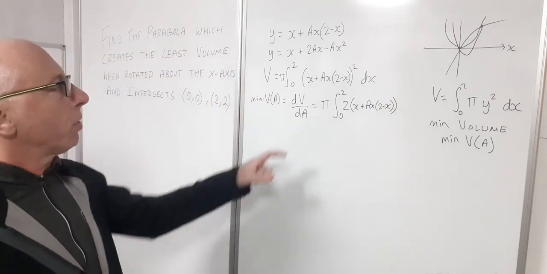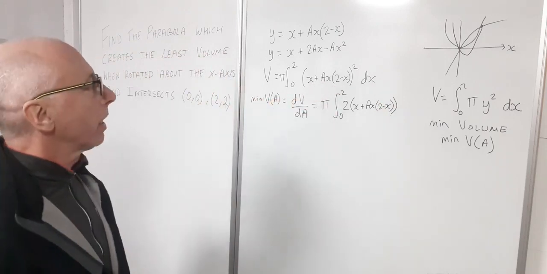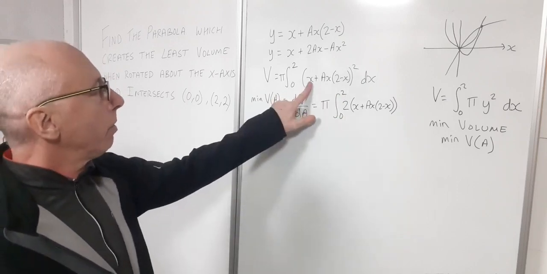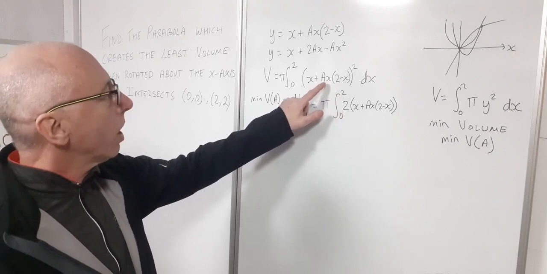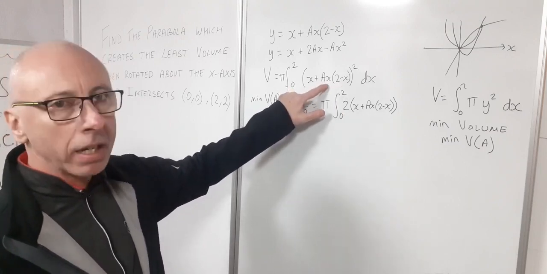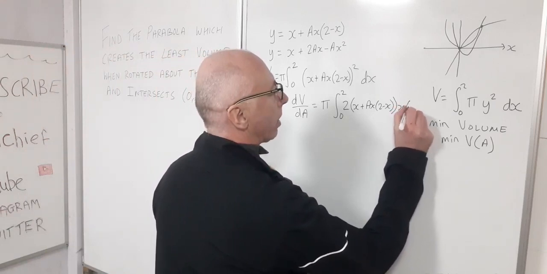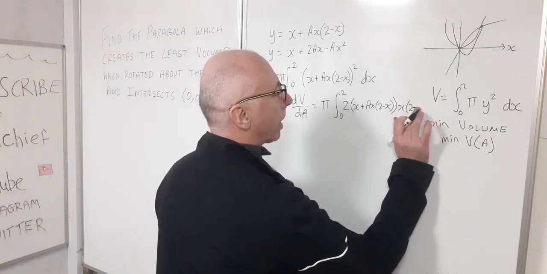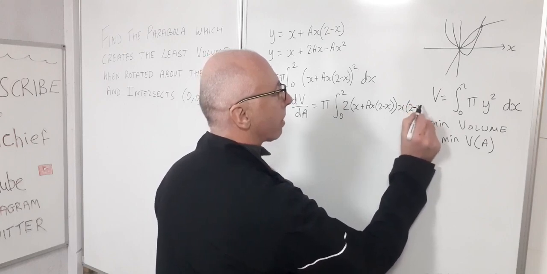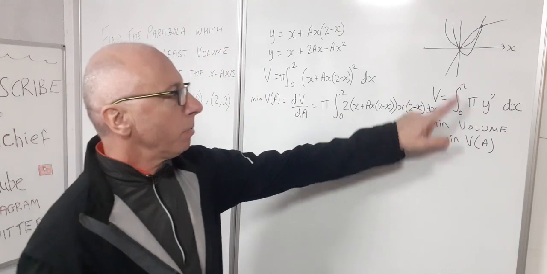And then with the chain rule, we have to take the derivative with regards to a of what's inside the brackets. Well, this term will disappear, and here we've got ax times (2 minus x). With regards to a, we'll just be left with x(2 minus x). So we multiply all of this by x(2 minus x), dx.